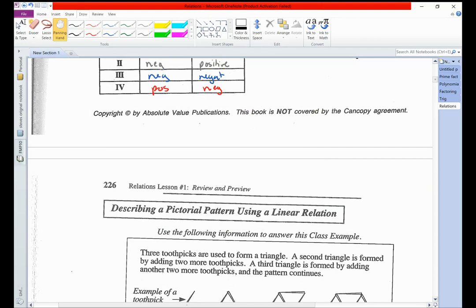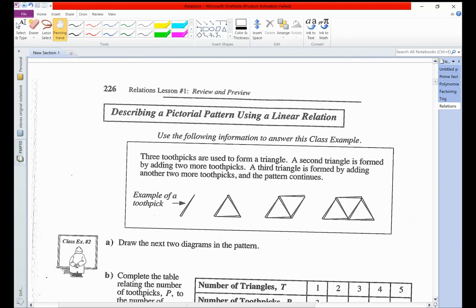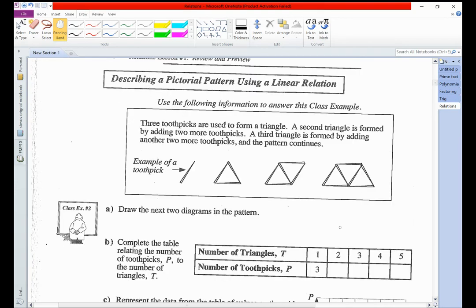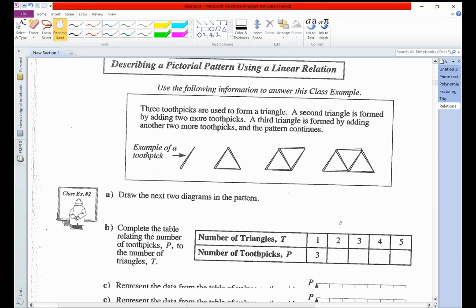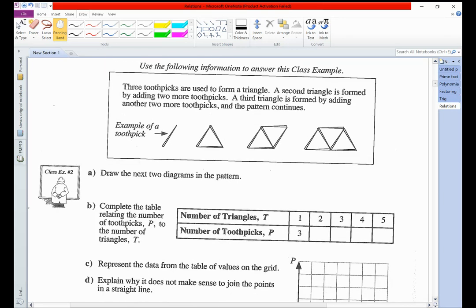Okay. Describing a pictorial pattern using a linear relation. So there are going to be some questions like this where we have a picture, showing us their drawing of a toothpick here, and then we have this pattern happening. So picture 1, picture 2, picture 3.